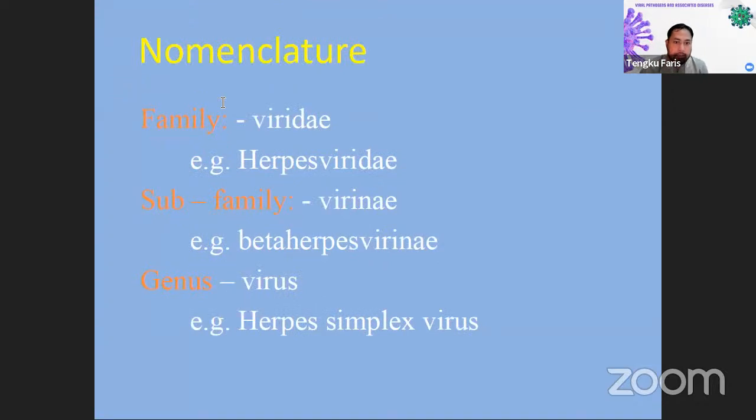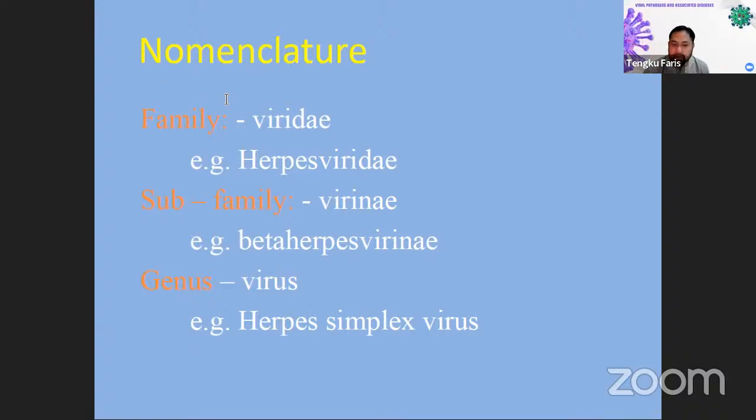Okay, so this is the nomenclature. How do we name them? Of course, it starts with the family name, ending in viridae. If I ask you for the family name, you might mention herpesviridae or adenoviridae. Viridae at the back refers to the family name. But how about the subfamily? The subfamily is like betaherpesvirinae.